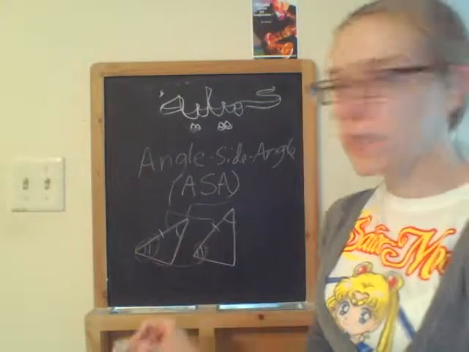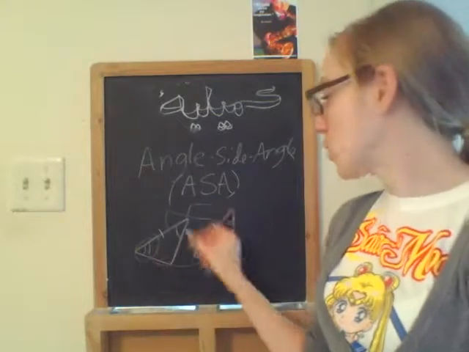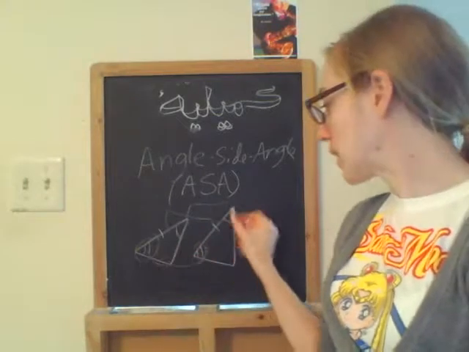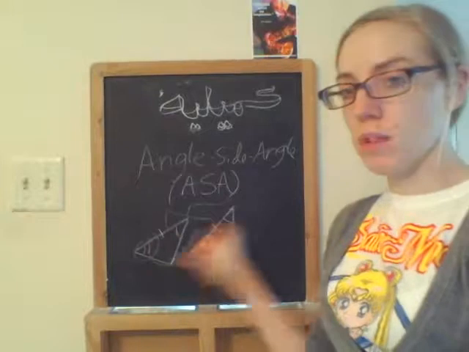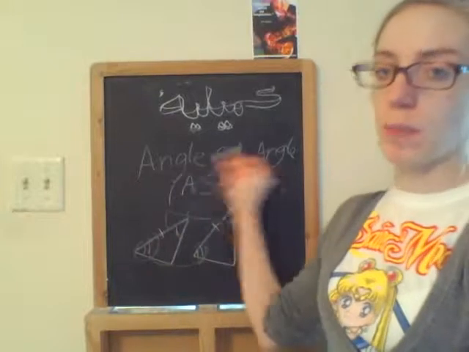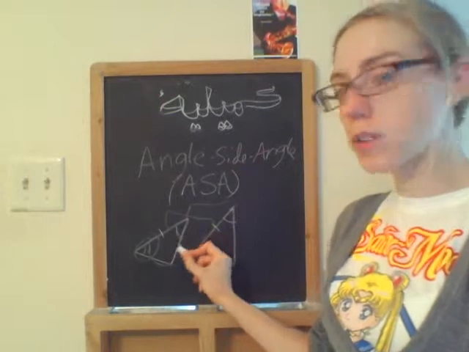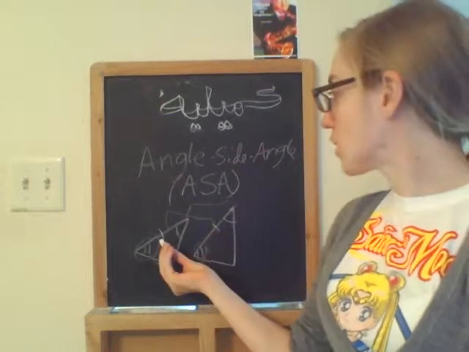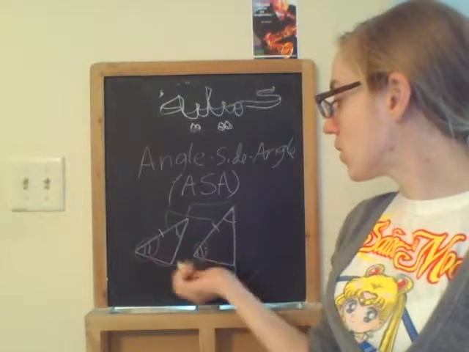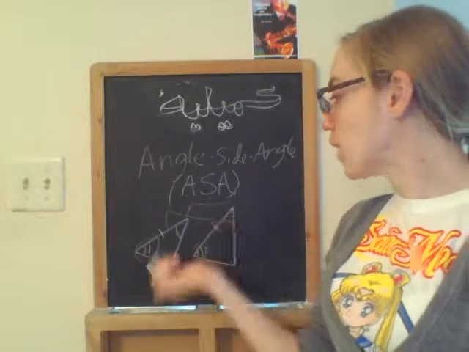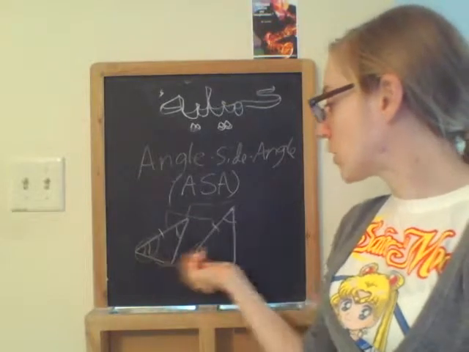So basically, if you look at the shape and the figure, the measurements that are given, you can follow around to establish what property you're using to decipher whether or not two triangles are congruent.